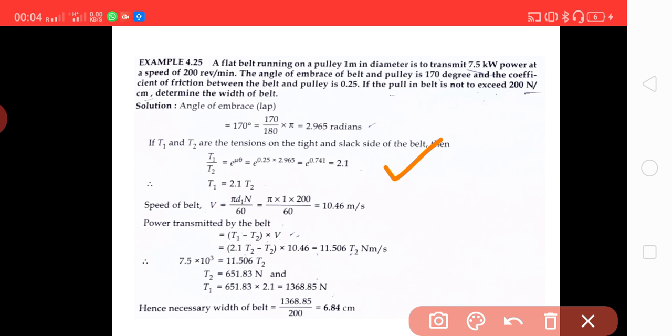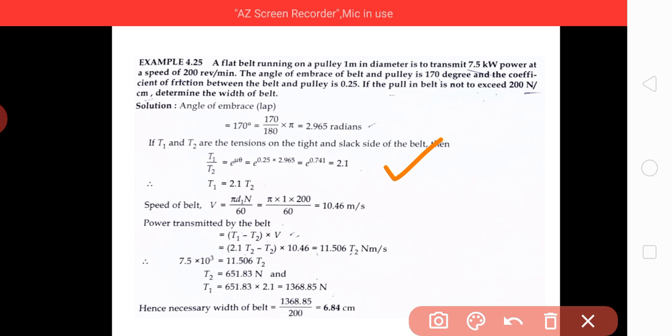T1 equal to 2.1 T2. Speed of the belt V equals pi d1 n upon 60, d1 is 1, so pi into 1 into 200 by 60, where 200 is the RPM, that is 10.46 meter per second.